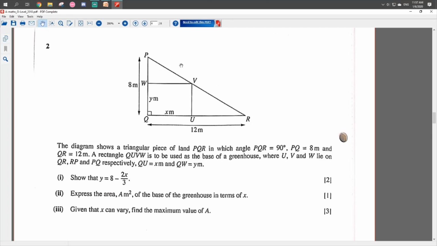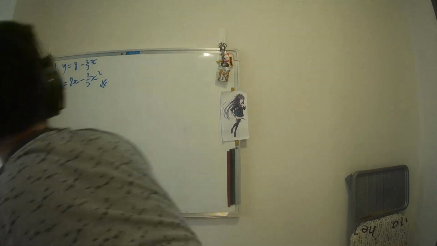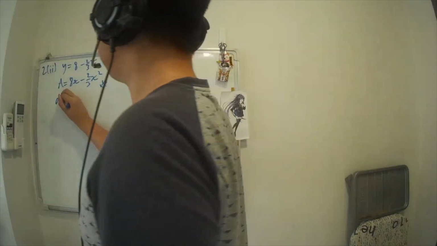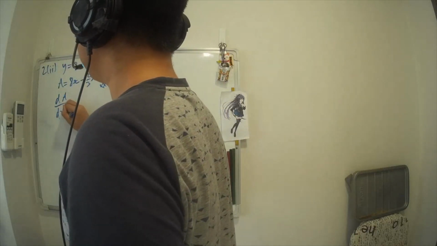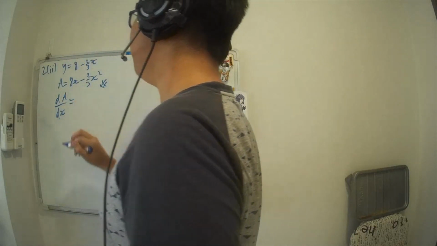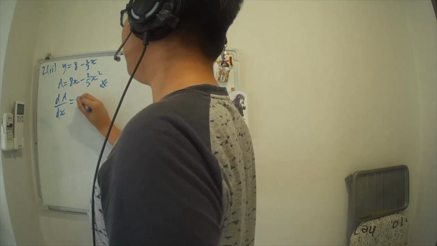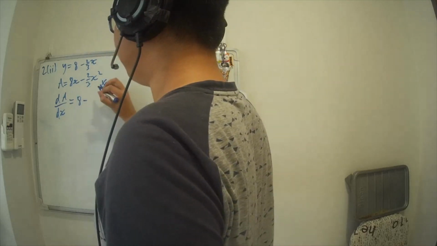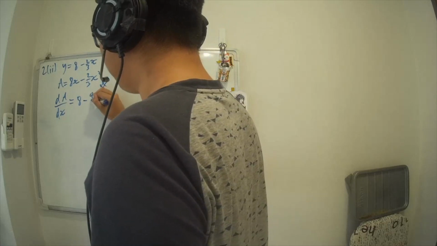Given that x can vary, find the maximum value of A. Okay, so for that we must find dA/dx, correct? dA/dx is therefore going to be equal to 8 minus 4/3 of x, right?